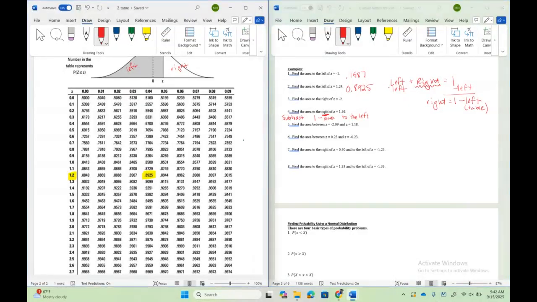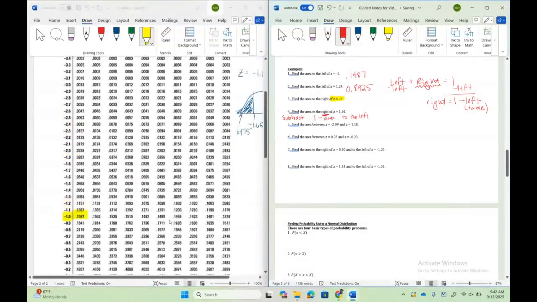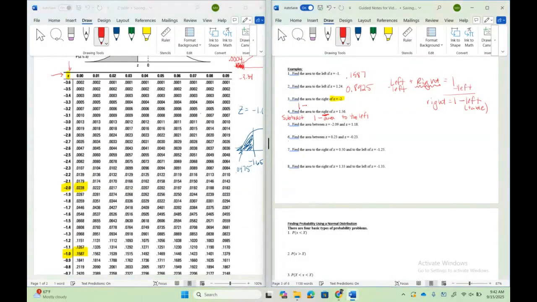All right, so for this next question, find the area to the right of z equals negative 2. So I'm going to negative 2.00. Okay, so I need to do 1 minus 0.0228, and that will give me my answer of 0.9772.